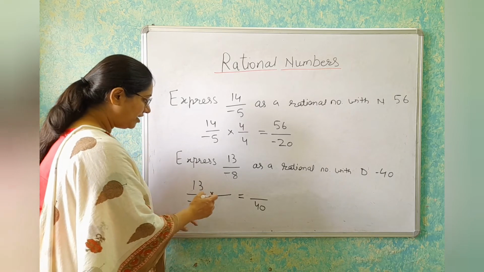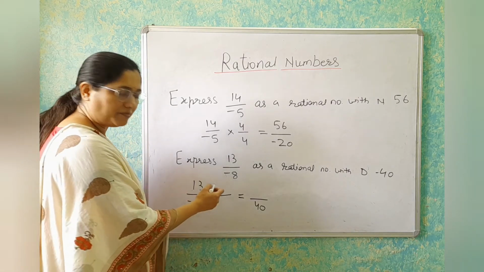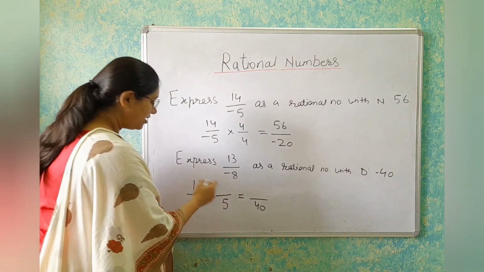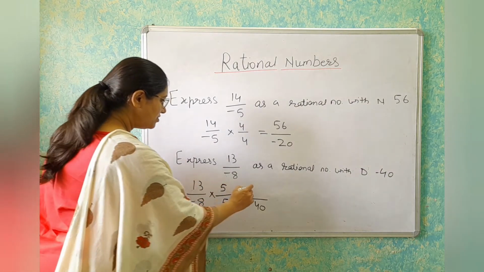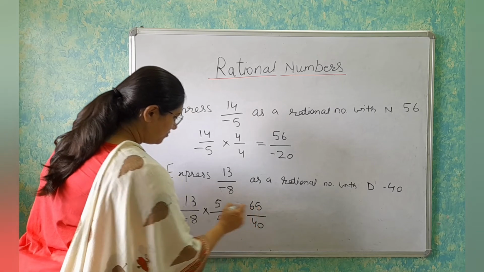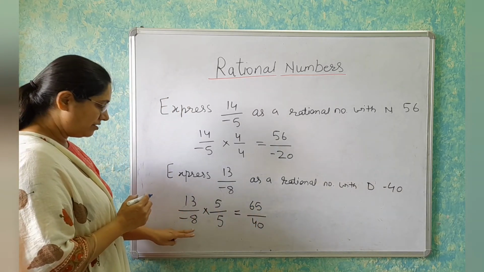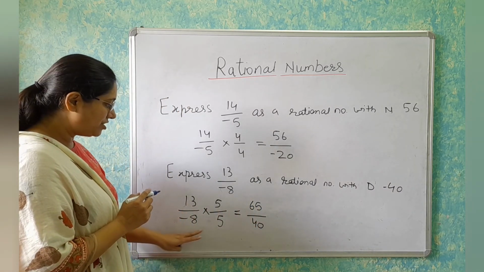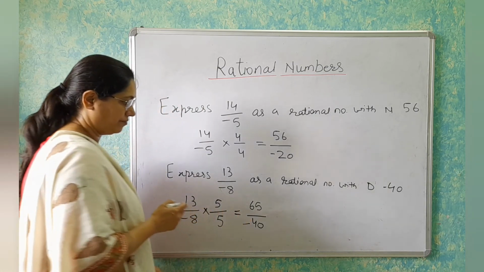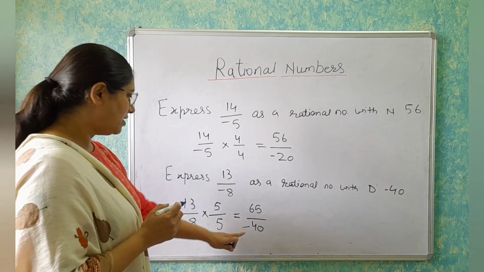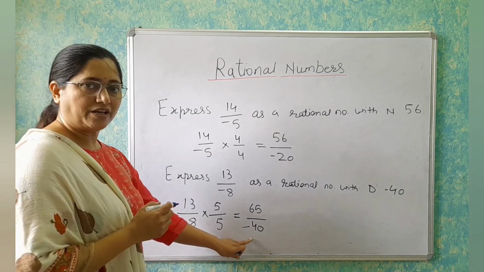And you know that 8 fives are 40. So I will multiply 8 with 5. Again I have to multiply 13 with 5. 13 fives are 65. And what is the sign? I am multiplying a negative integer with a positive integer, so my answer will be negative. So in this way I have changed minus 8 into minus 40.